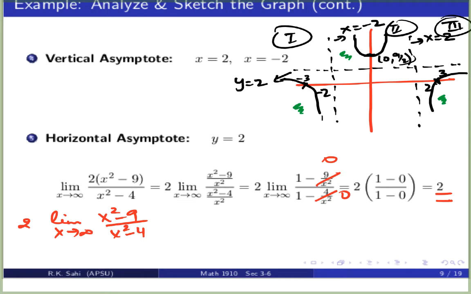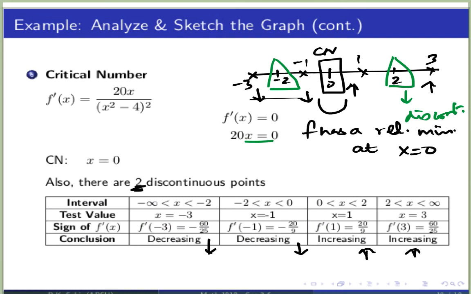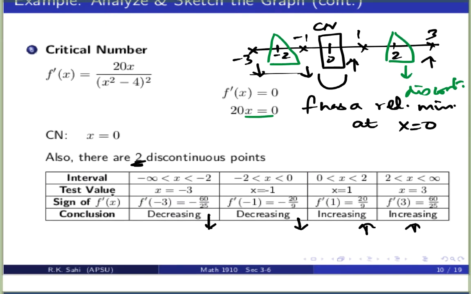And also, I forgot to write down the open intervals where the function is increasing or decreasing. So let's write them down too. The function is decreasing from minus infinity to minus 2, even though it's increasing from minus 2 to 0. But remember, minus 2 is a barrier, so you have to write minus 2 to 0. Very important.